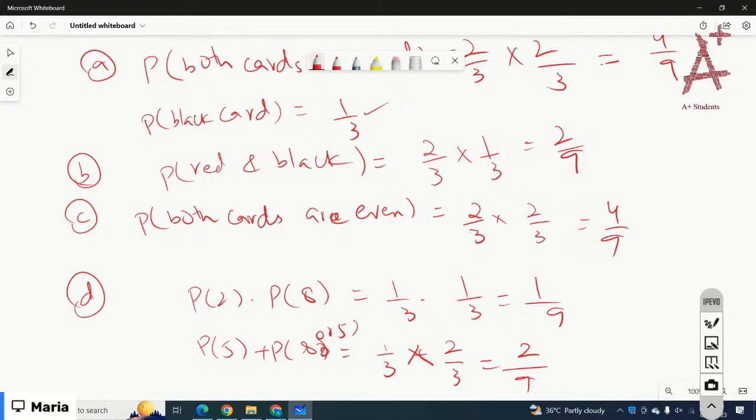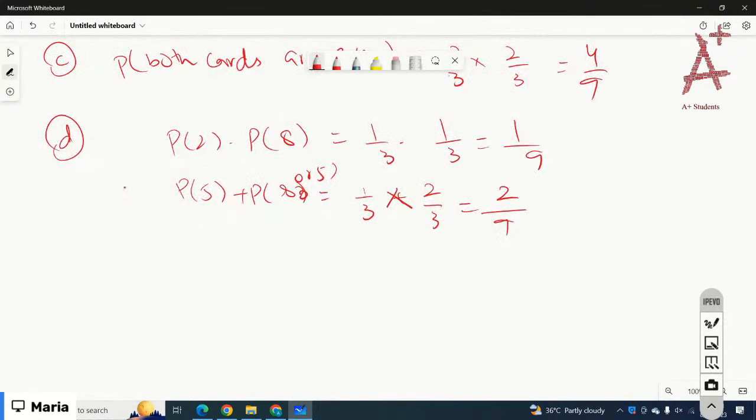Then you have the probability of 5 plus the probability of 2 or 5 or 8. It would be 1 over 3.